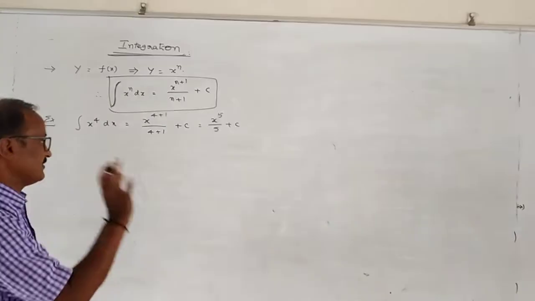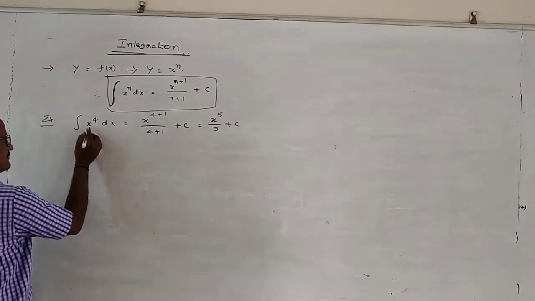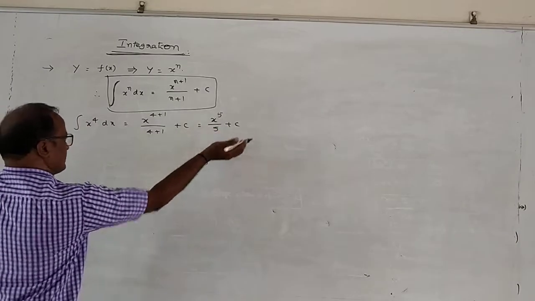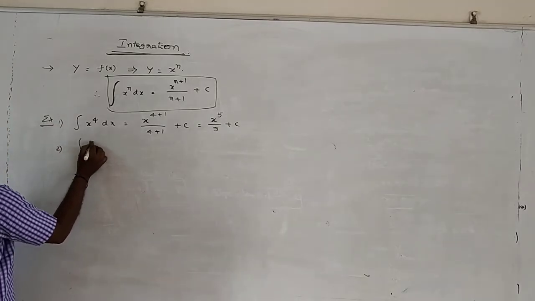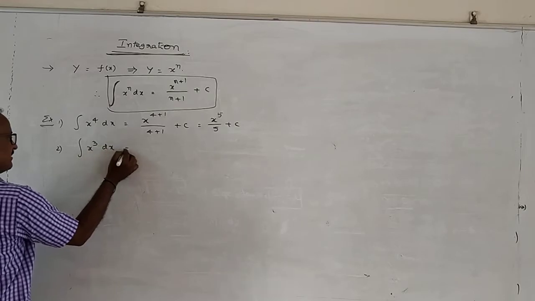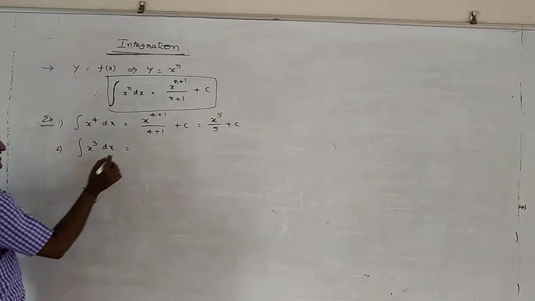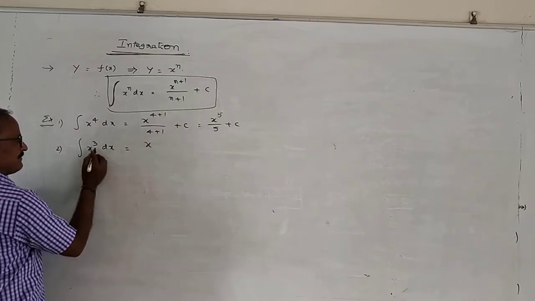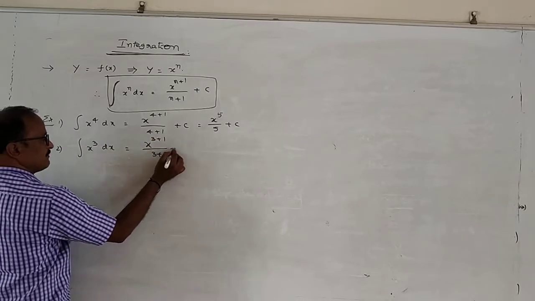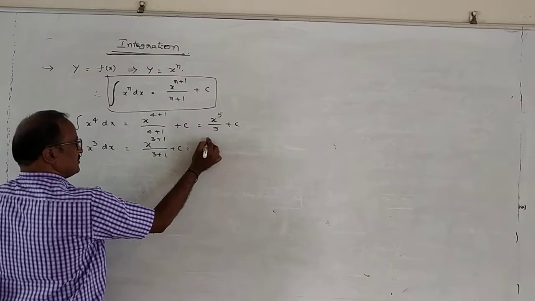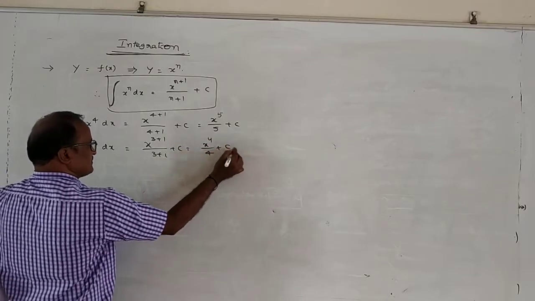So integral x power 4 into dx equal to x power 5 by 5 plus c. Similarly, what is the value of integral x cube dx? It is x power 3 plus 1 by 3 plus 1 plus c, that is x power 4 by 4 plus c.